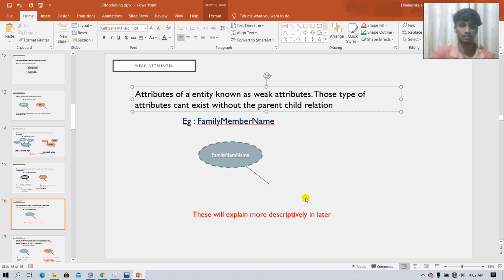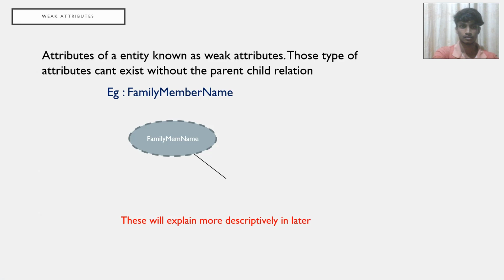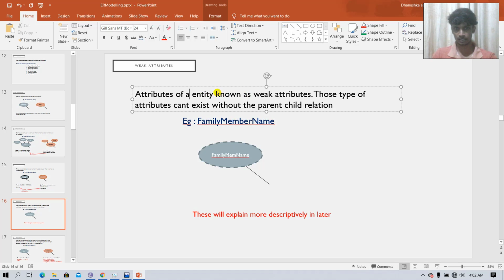So I think this definition is much more correct: an attribute of an entity that may exist is known as a weak attribute. I think this definition is not clear.